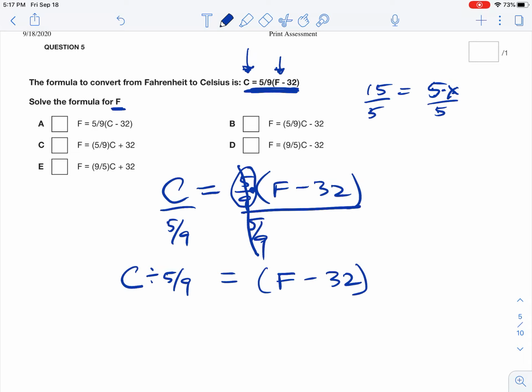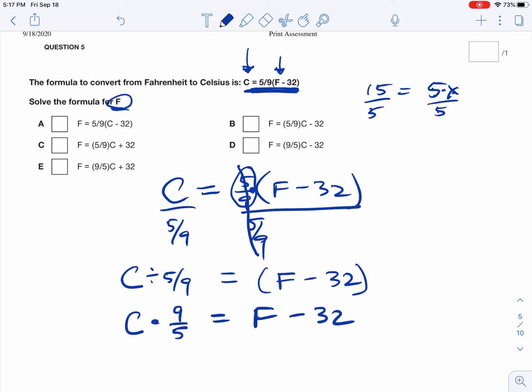And the reason I write it like that is because most of you would also remember that when you divide by a fraction, we flip it over and multiply. So this is really C times 9/5 equals, and I'm just going to drop the parentheses there and just have F minus 32. So I have C times 9/5 equals F minus 32.